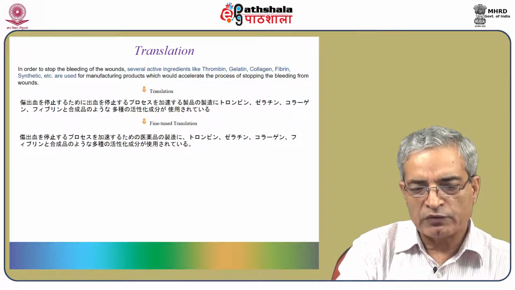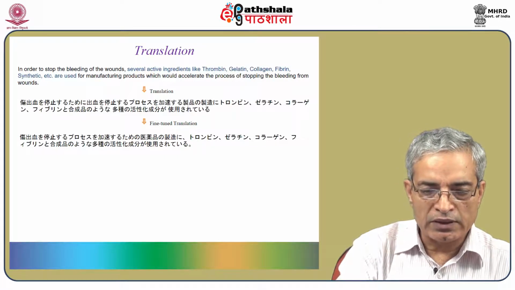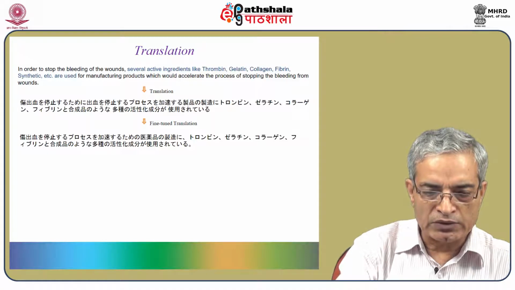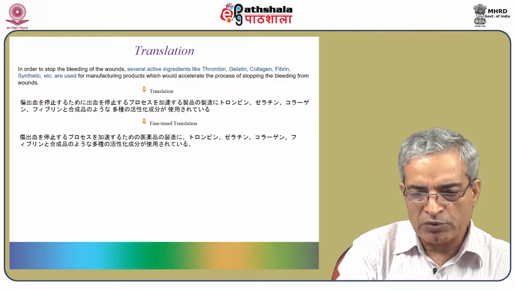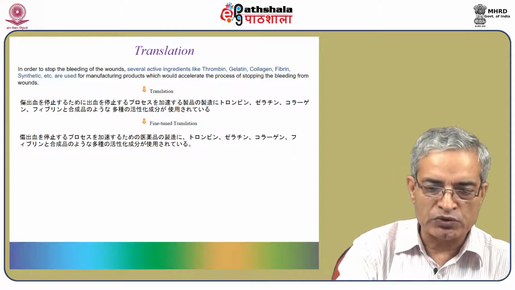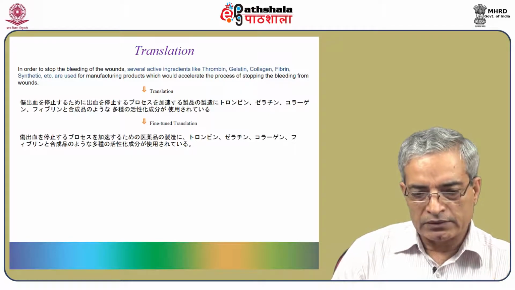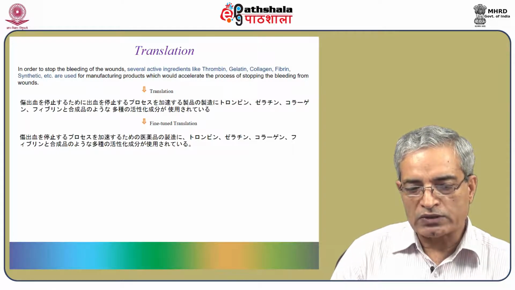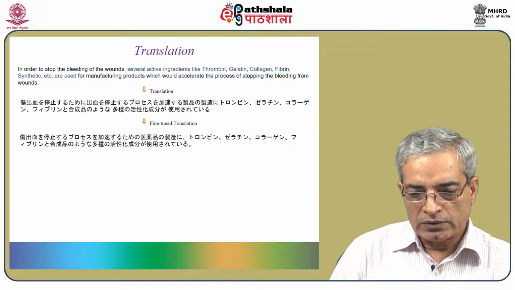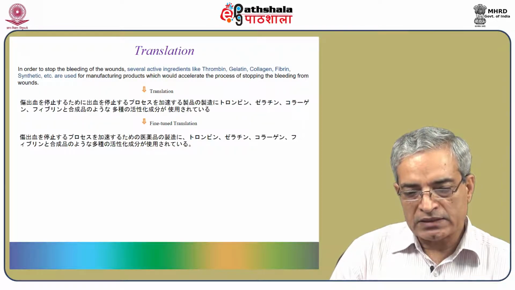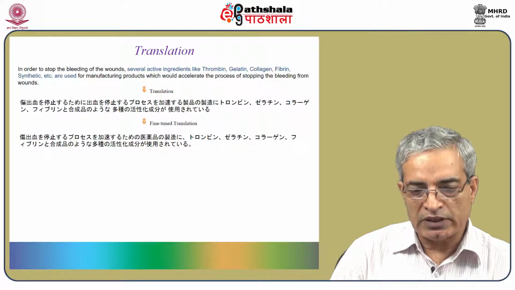Some sort of fine tuning needs to be done, because there are some portions which probably can be removed or substituted. That part is to be done here. The fine tuning here is kizu shukketsu teishi suru process o kasaku suru tame no iyakuhin no seizo ni. A, B, C, D, these all have to be listed because these were there in the original.